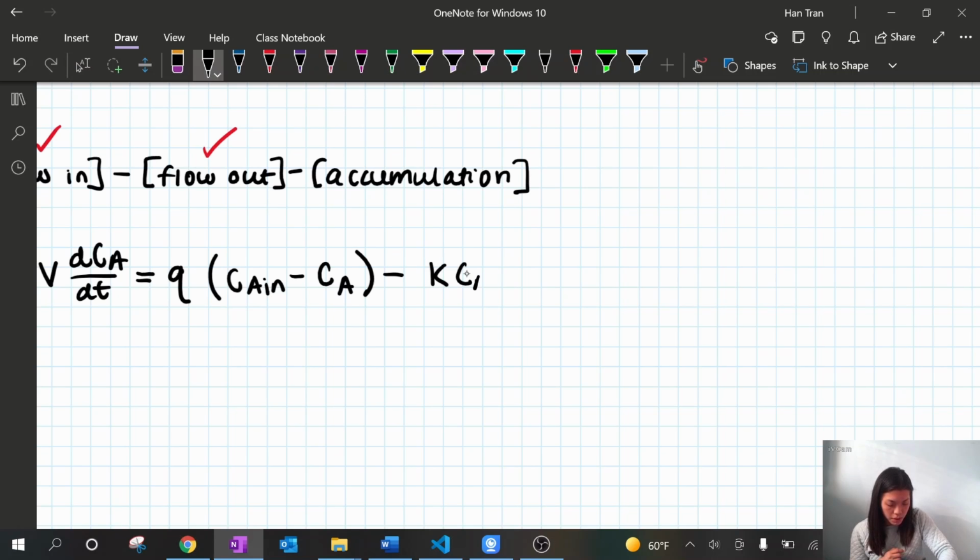Reaction rate multiplied by the concentration of A. Depending on how much of this material there is, determines the reaction rate.